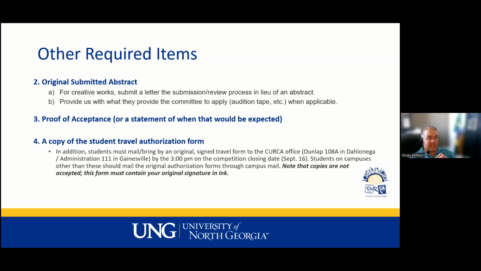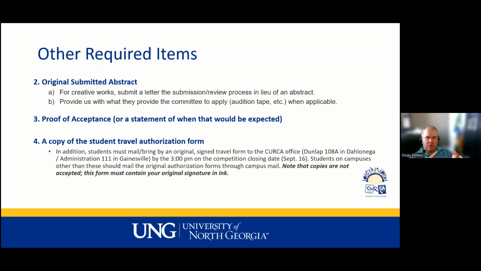And then the last thing, and this is an important thing, you're going to have to submit a student travel authorization form. That form has to be in hard copy, signed in ink. It cannot be an electronic version.